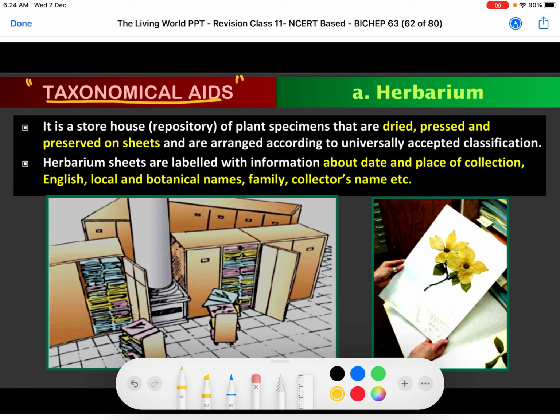Now, we have a very vast range of taxonomical aids around us, and the very first is the herbaria, or herbarium.